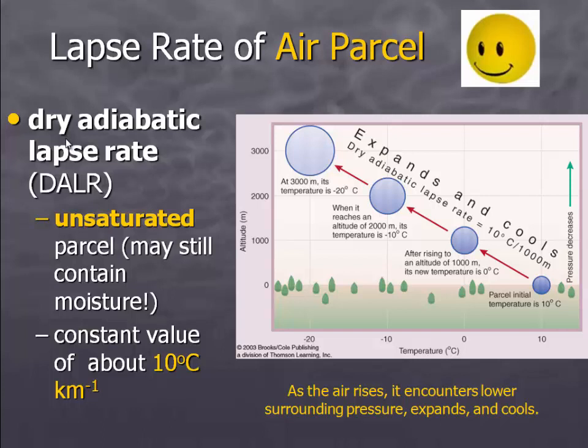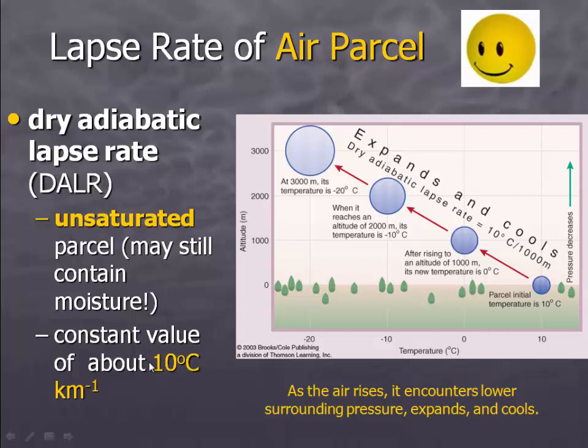So the parcel, Wally, will follow the dry adiabatic lapse rate if the parcel is unsaturated. It can still have moisture; it just means the temperature is not equal to the dew point temperature. The value for the DALR, the dry adiabatic lapse rate, is 10 degrees Celsius per 1 kilometer.